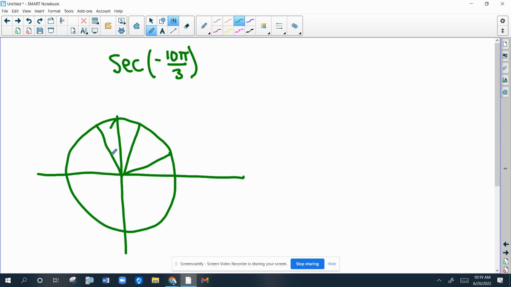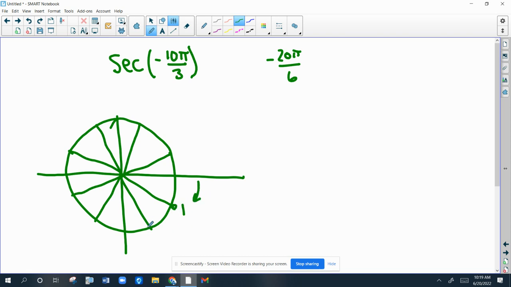Two spokes per quadrant. And now we have to change this to pi over 6. So we're going to multiply by 2 over 2. So we have to count 20 of these spokes going in the negative direction, starting with this one.